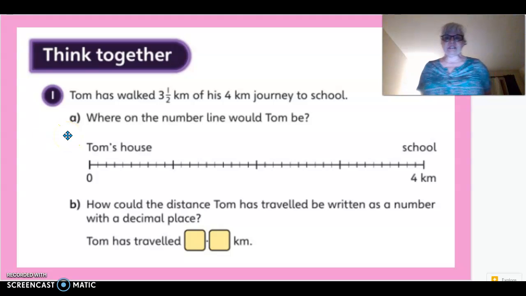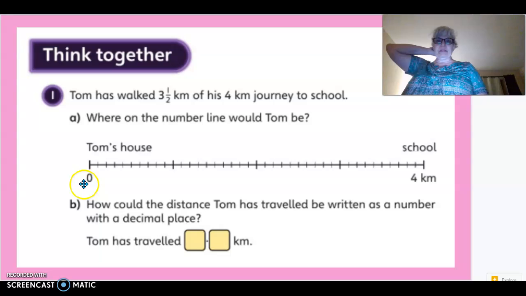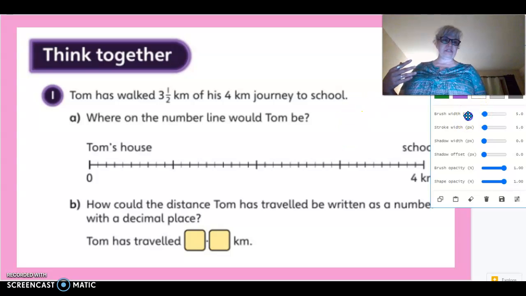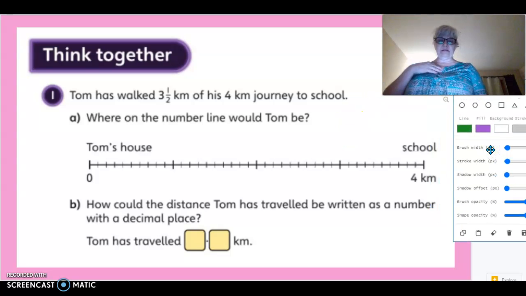All right, now we want to think together. Tom has walked 3.5 kilometers of his 4-kilometer journey to school. Where on the number line would Tom be? Now we know 0 is at his house and school is 4 kilometers. As I've always told you, each time we use a number line and we don't know what all the numbers are, we can see that these numbers, this one here and this one here, are longer.